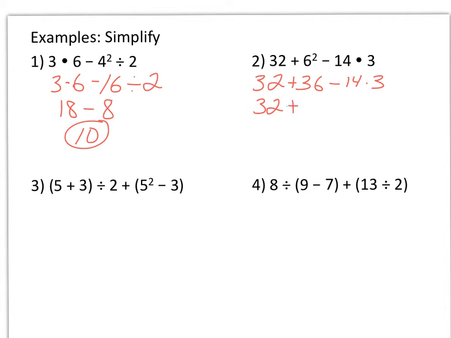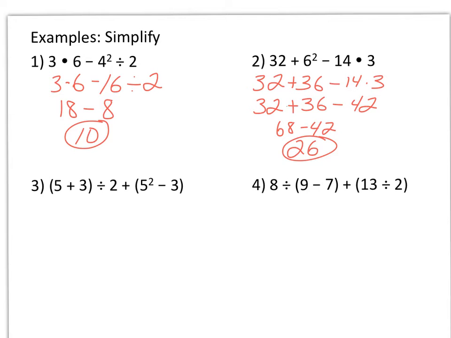All right, 14 times 3 is 42. And now since we have addition and subtraction, we can just go left to right. So 32 plus 36, we get 68. Then minus 42. And that simplifies to 26.